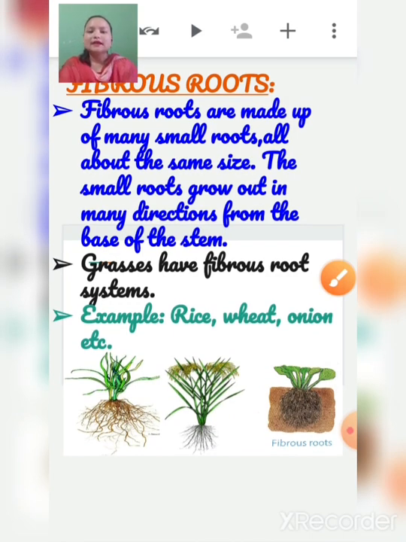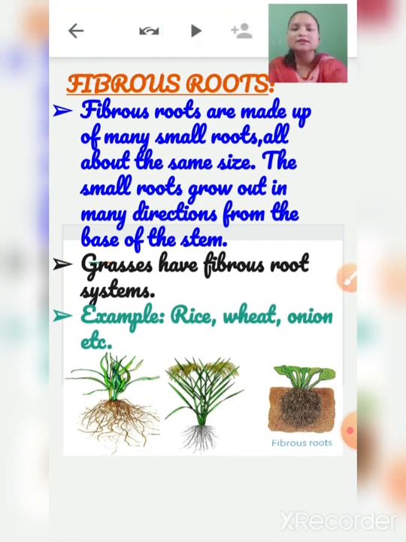Now the second type of root is fibrous roots. Fibrous roots are made up of many small roots. In taproot you have seen it has a main straight root which goes deep down inside the soil in search of water. Whereas fibrous roots are a bunch of roots, all about the same size.